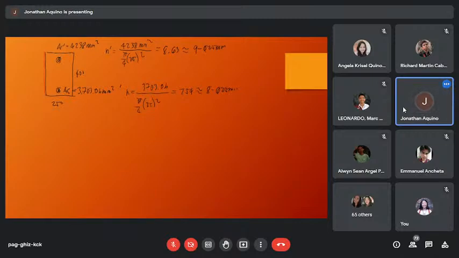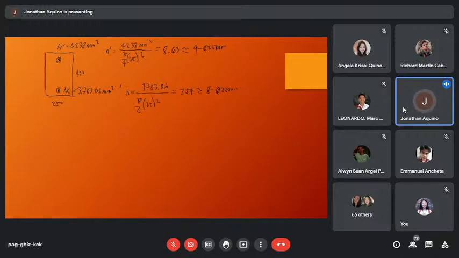Next, we need to check what will be the arrangement of these bars. So makita ninyo, masyado marami yung bars kasi masyado malaki yung moment natin. So, paano natin pagkakasyahin yung 9 na bakal?